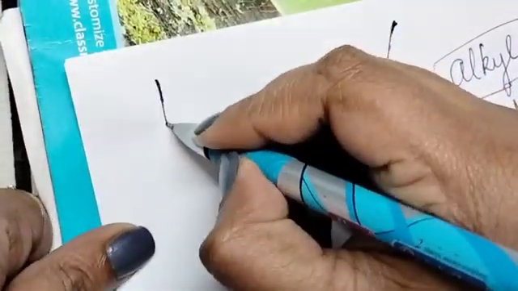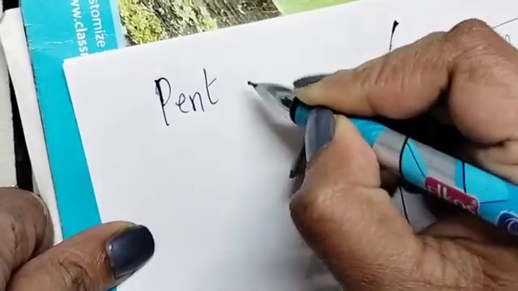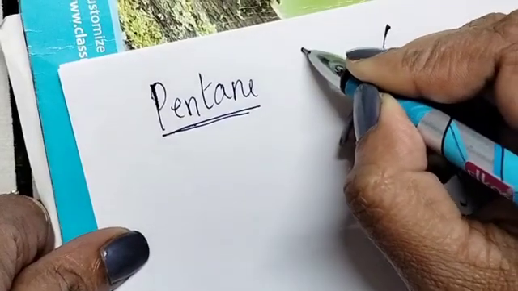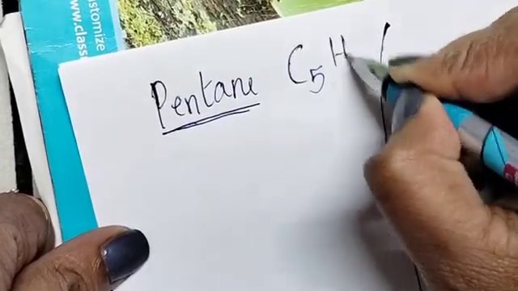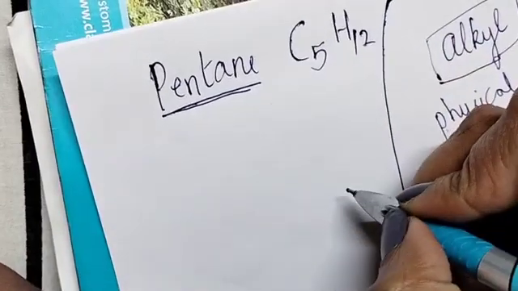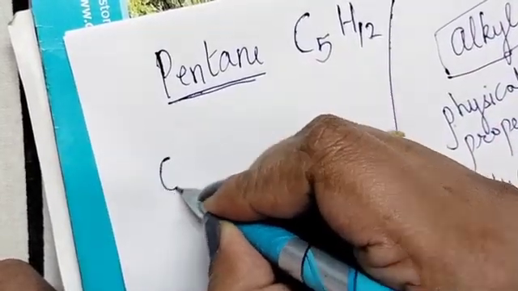So let's come to that point. Pentane, we know pent means 5, correct? And ane means it is the alkane group. Pentane means C5H12. How will the structure be? We have learned that also.